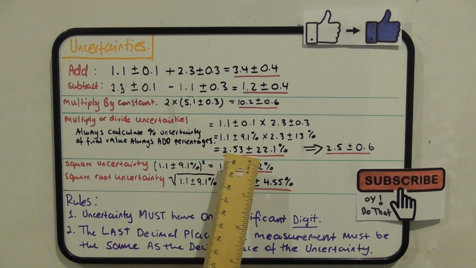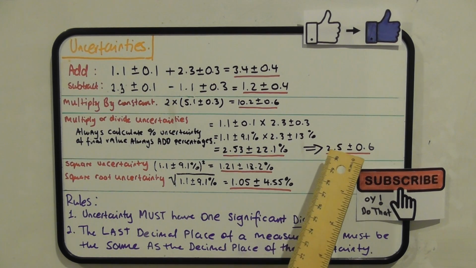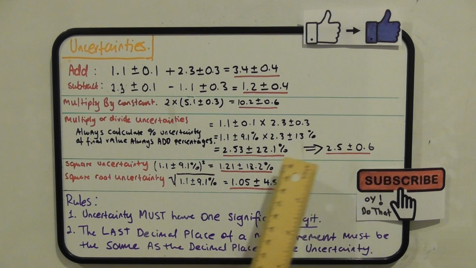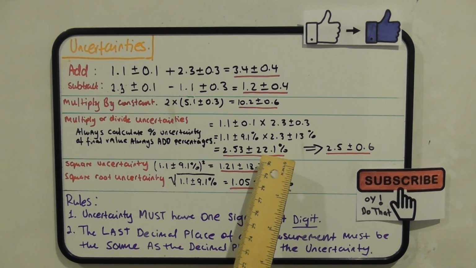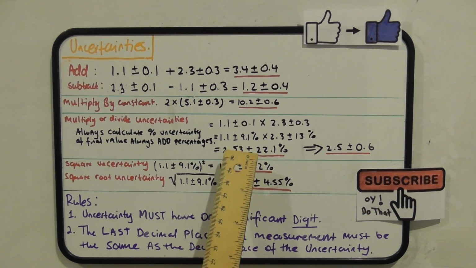You notice how I've rounded off this value and made it 2.5 plus or minus 0.6 after I calculated what percentage the uncertainty was of 2.53.